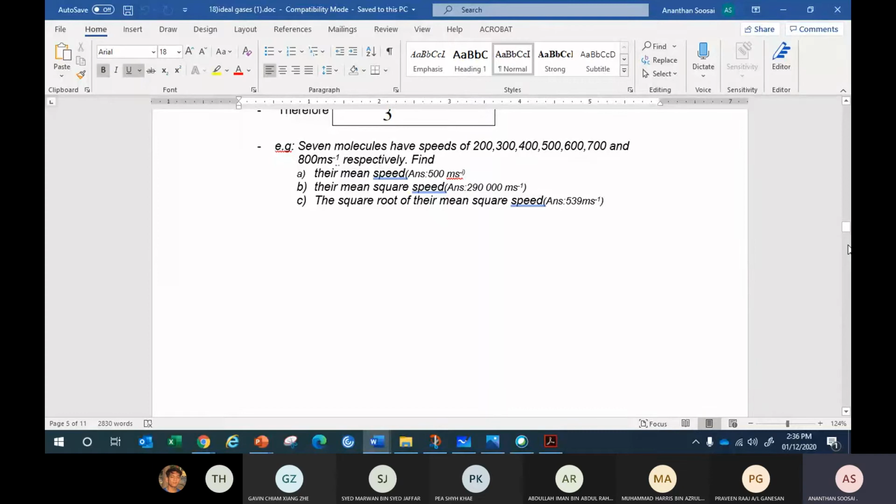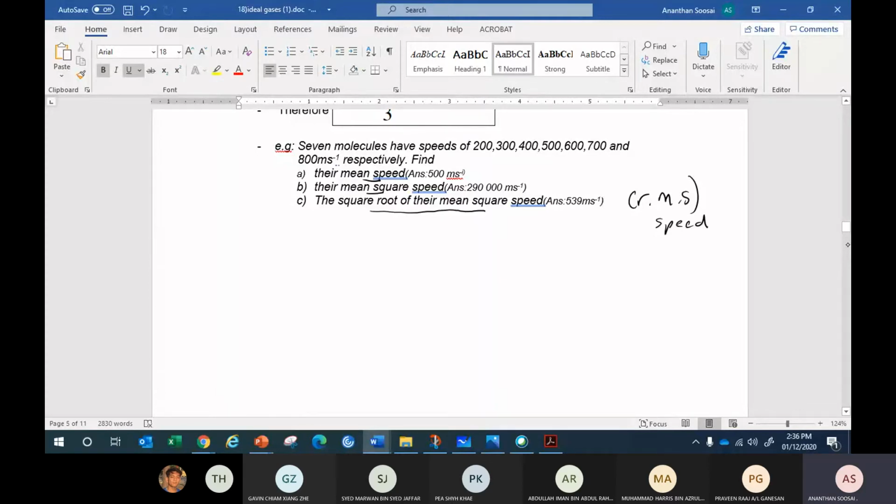So you got an idea. This is a question to differentiate between mean speed, mean square speed, and the square root of it. The third one has a special name, root mean square speed, RMS speed.